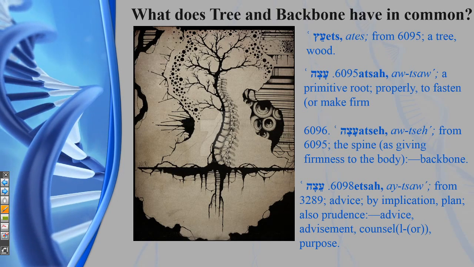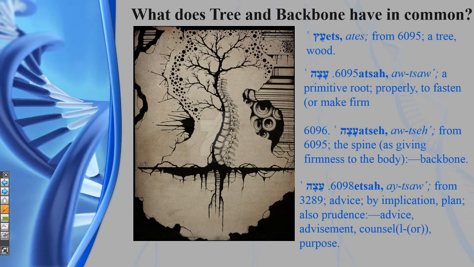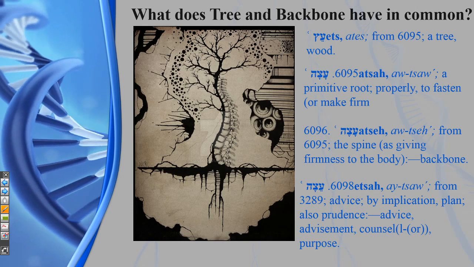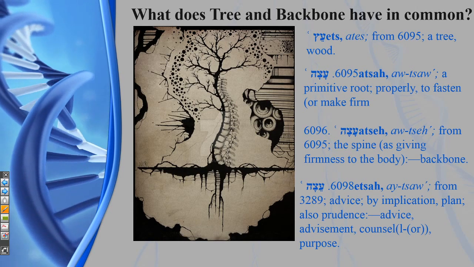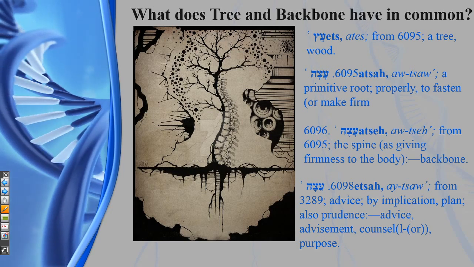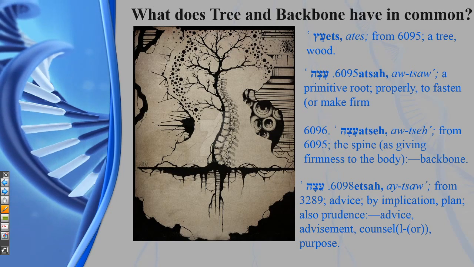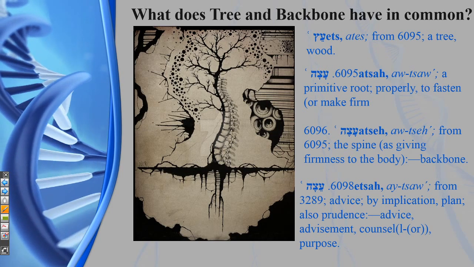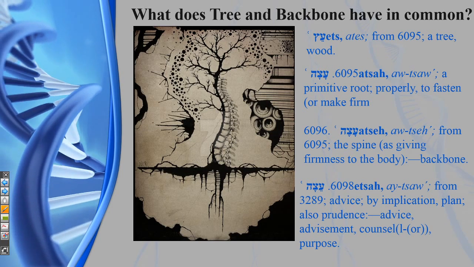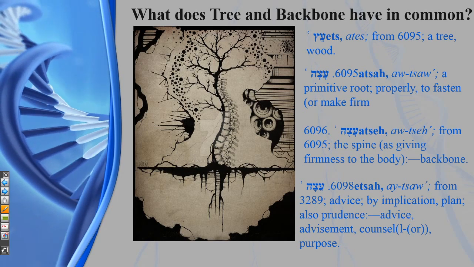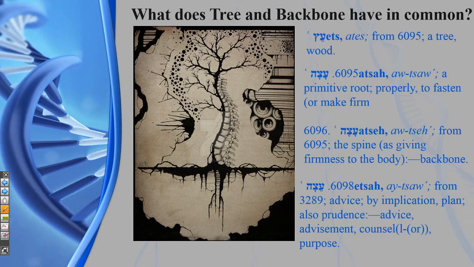So think about what happened in the garden. Did he get counsel from the tree of knowledge of good and evil? I'm not telling you if it's good counsel or bad counsel. My point is, did he get counsel? Yes, he did. The serpent gave some counsel to Eve, and Eve said, hey, that sounds good.